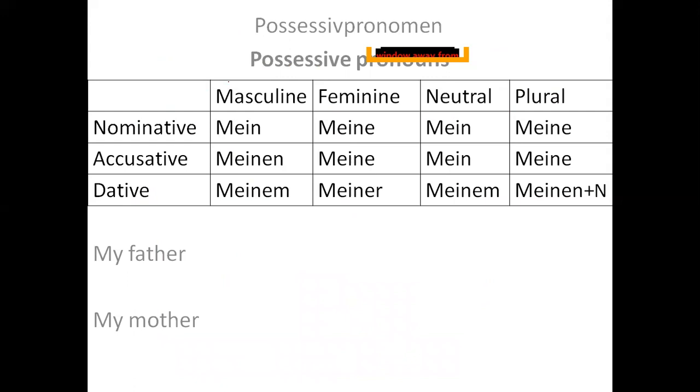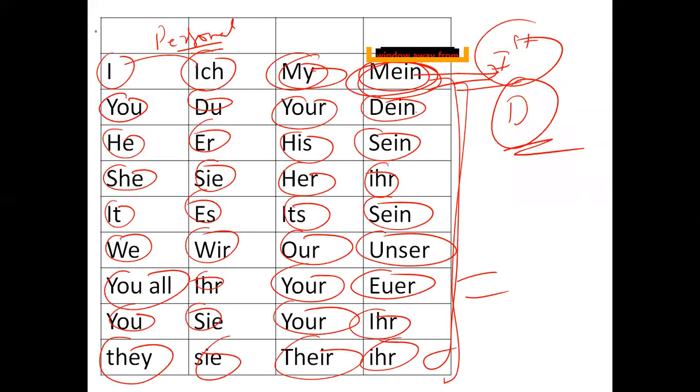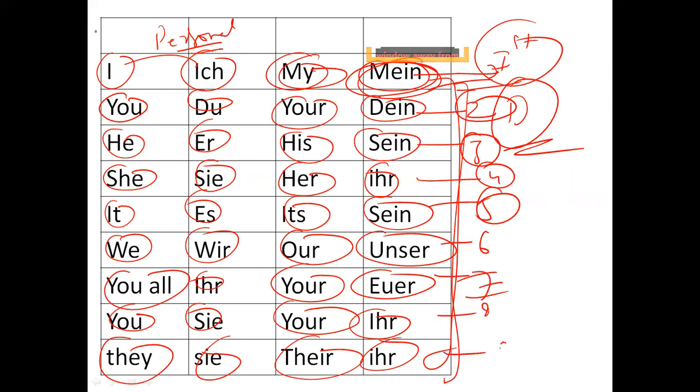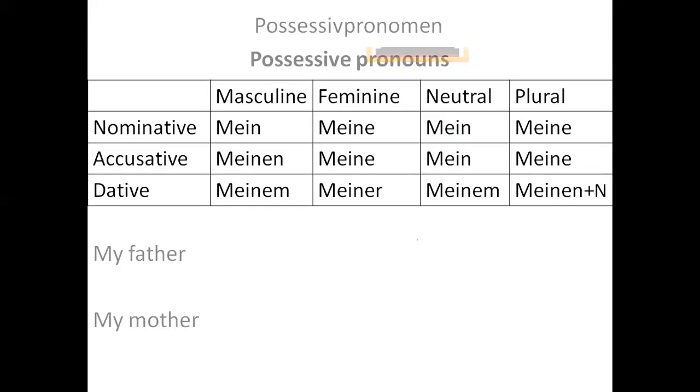Now for each possessive pronoun, as I've told you, we have the first possessive pronoun, second, third, fourth, fifth, sixth, seventh, eighth, and ninth. For all the possessive pronouns, we have a different table, right? So this is the first table for you, the mein possessive pronoun table.